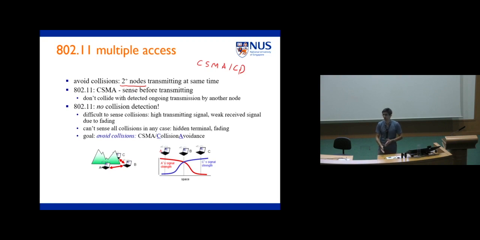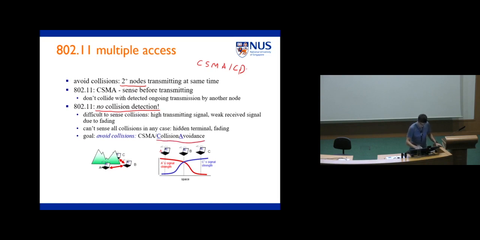There is almost no attenuation. There is no multipath effects. There is no shadowing and so on. Here I cannot detect collisions. But I can still do what I call collision avoidance.